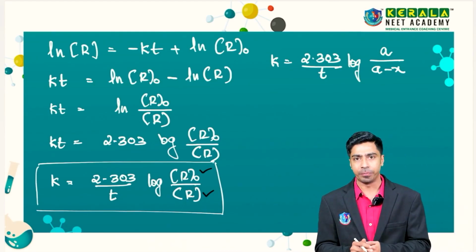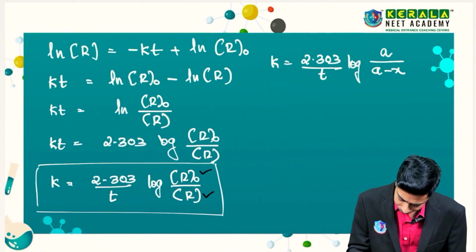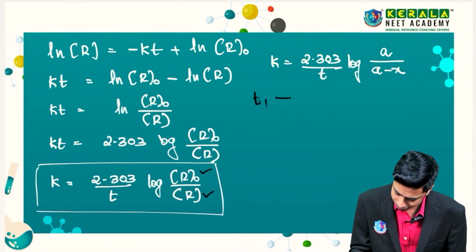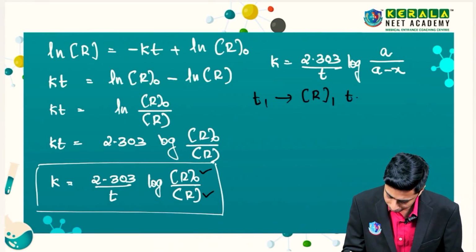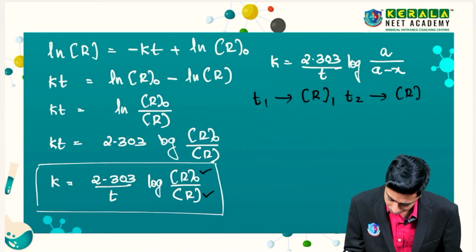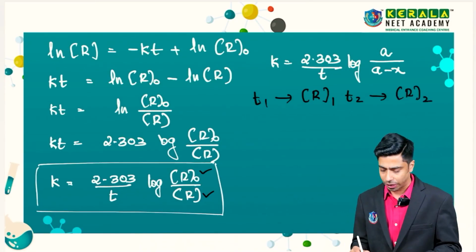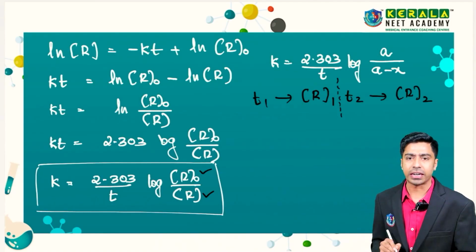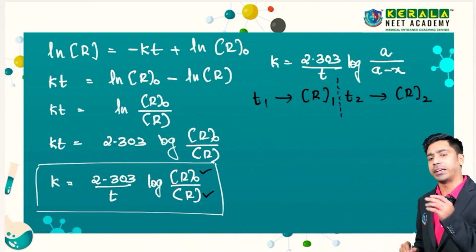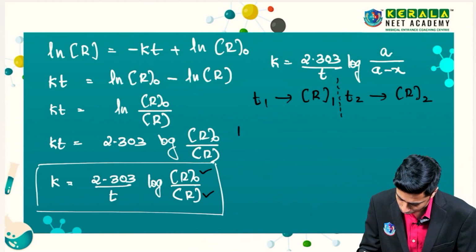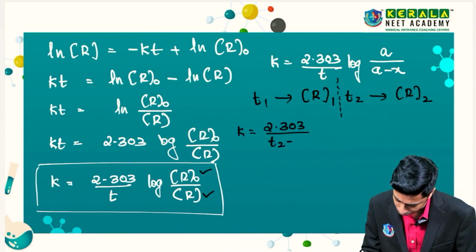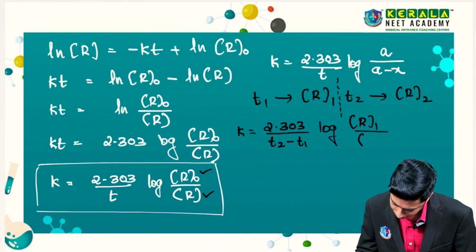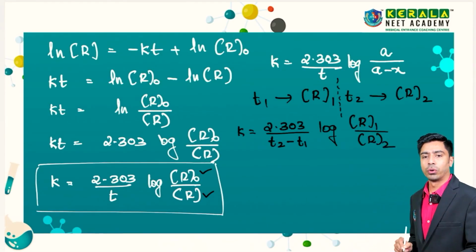Now at time T1, let the concentration of reactant be R1, and at time T2, let the concentration of reactant be R2. Then we can write k equal to 2.303 divided by T2 minus T1 into log of concentration R1 divided by concentration R2.